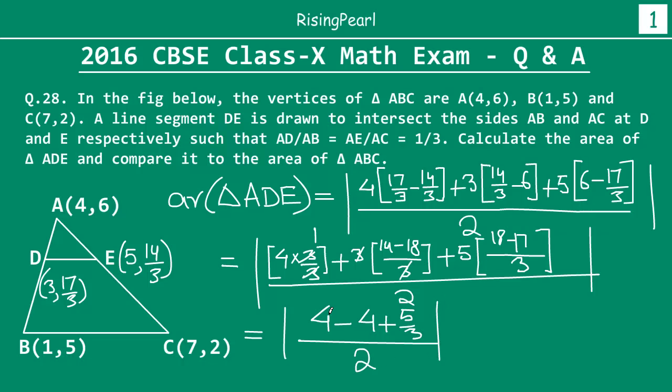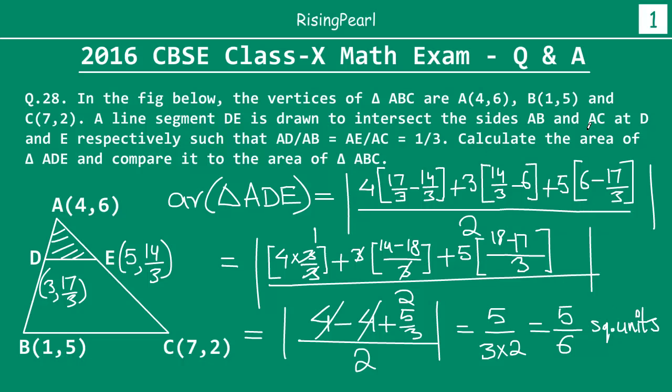This entire thing divided by 2, plus 4 minus 4 cancels out. So it will be 5 by 3 times 2, or 5 by 6. So the area of triangle ADE is 5 by 6 square units.